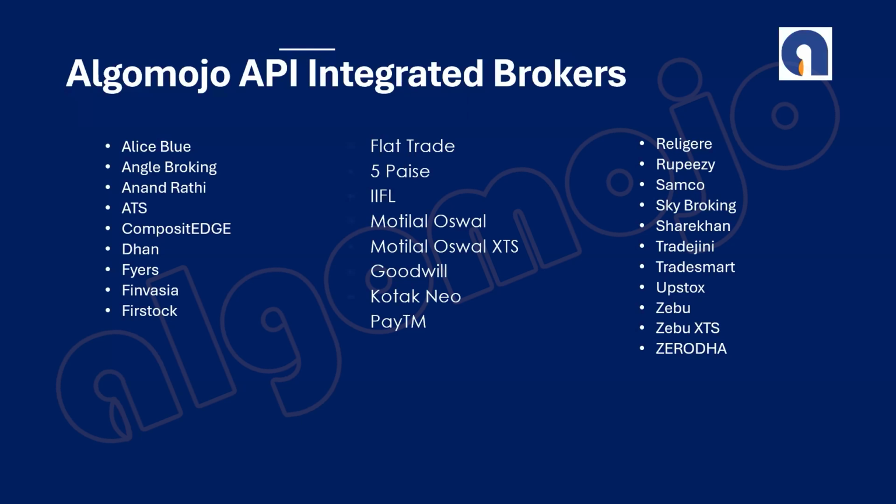All the major brokering houses have been integrated. We keep adding new brokers as we go along. Every month, we keep adding brokers. The list is growing. In case anybody has a specific requirement, do let us know. We will try and include those brokers and make them available for API order placements.